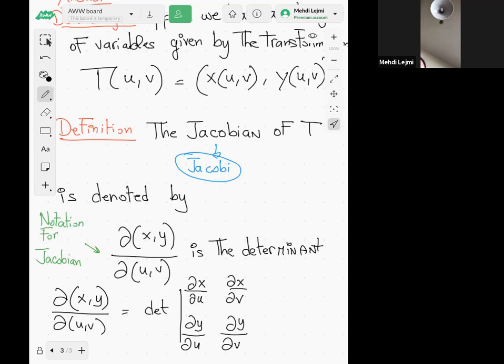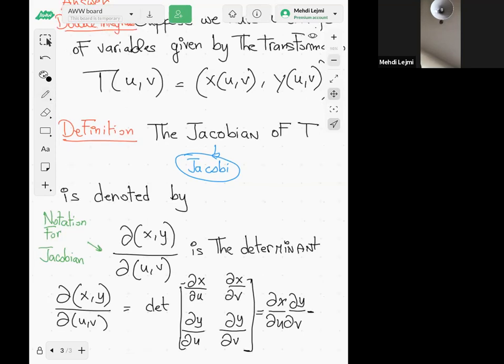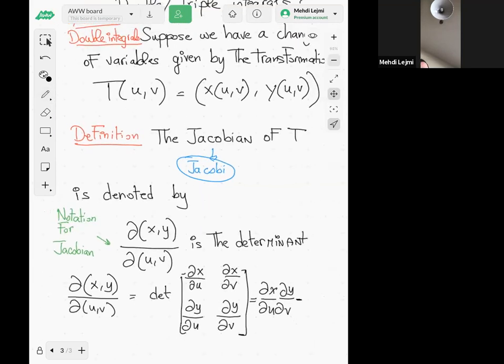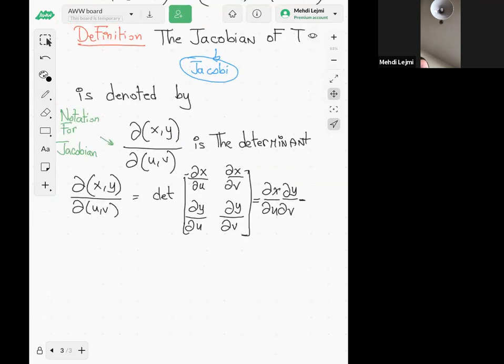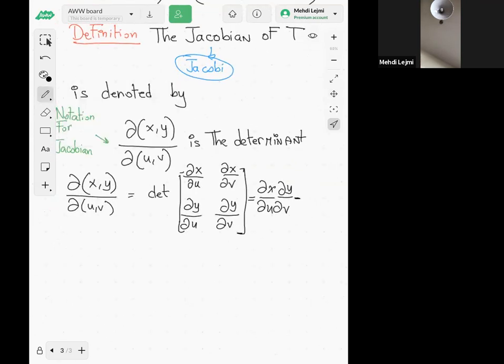The determinant of this matrix is partial x partial u times partial y partial v, minus partial x partial v times partial y partial u.